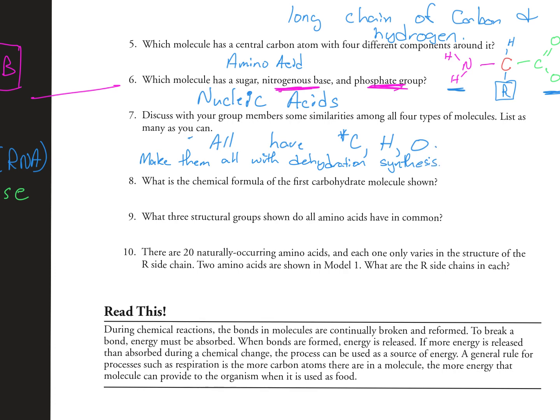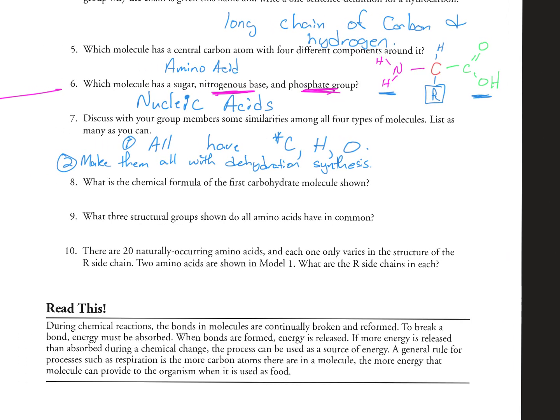That's 2 similarities. They all use the same group of elements to be formed, which is CHNOPS, with different percentages for each one, right? Carbon, hydrogen, nitrogen, oxygen, phosphorus, and sulfur.